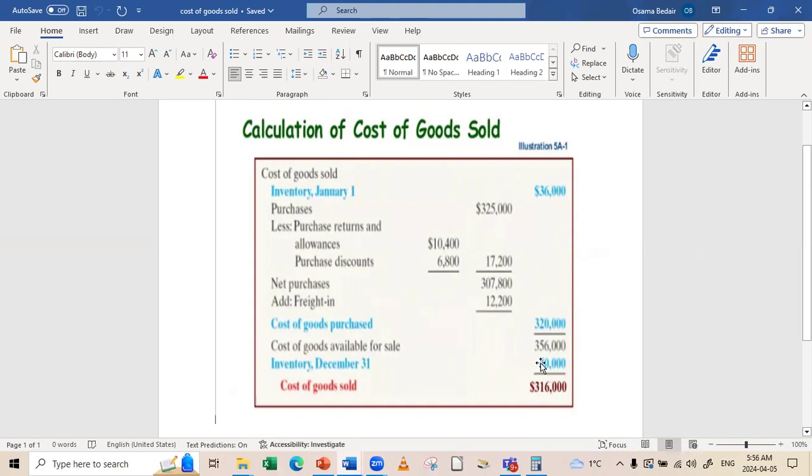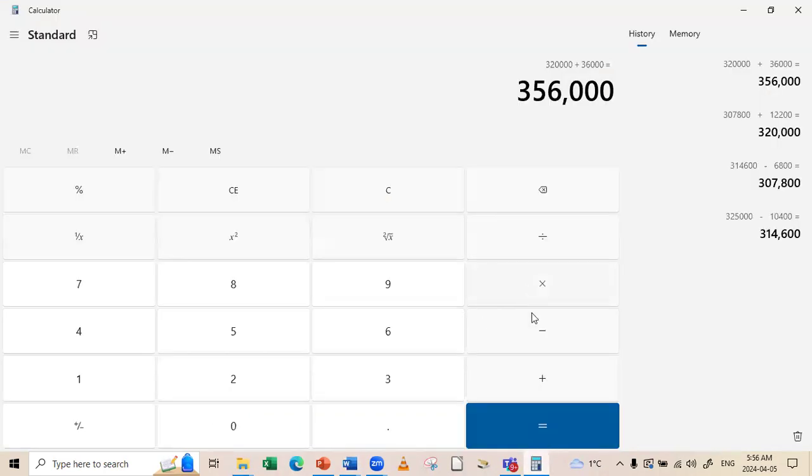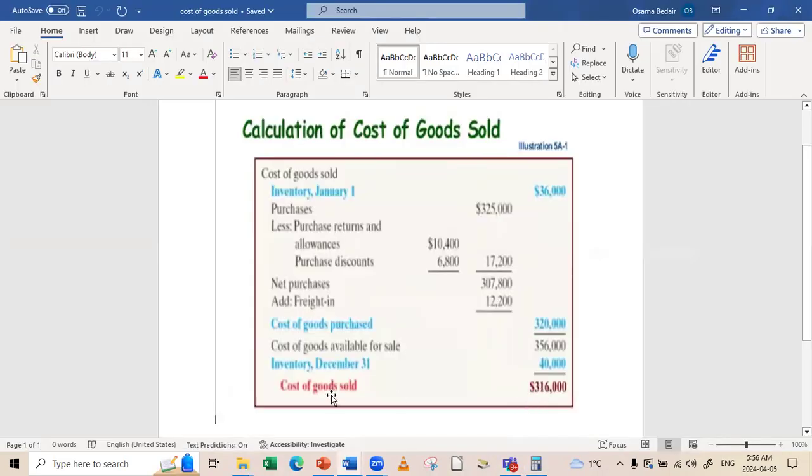That is 356,000 minus the ending inventory of 40,000. That will equal 316,000, the cost of goods sold.